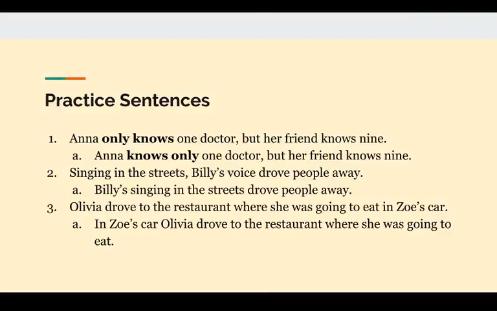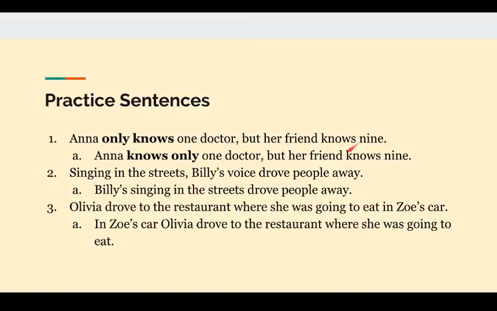So just some example sentences to go over. So the first sentence is, "Anna only knows 1 doctor, but her friend knows 9." So this sentence is saying Anna only knows, the only thing basically that she knows is 1 doctor. But we can fix it by saying "Anna knows only 1 doctor, but her friend knows 9." So the reason we know that this is not a dangling modifier, but we don't know what it's modifying, is because the second half of the sentence is "her friend knows 9."